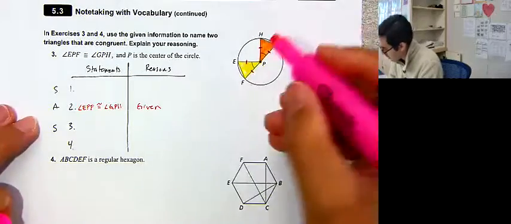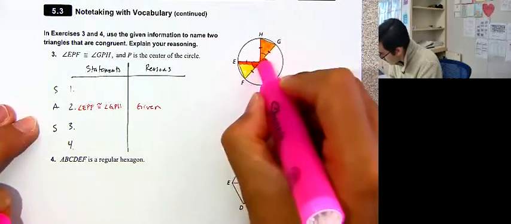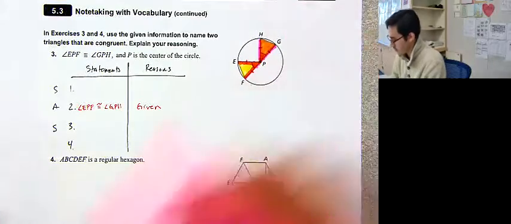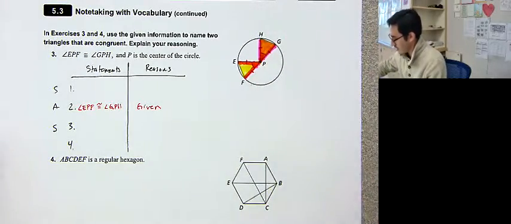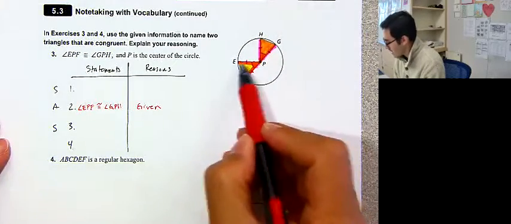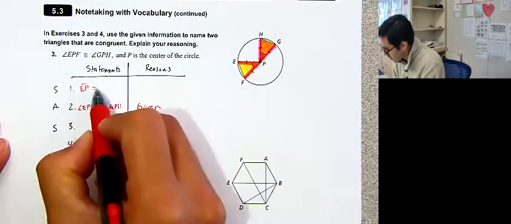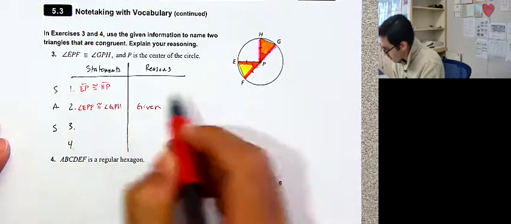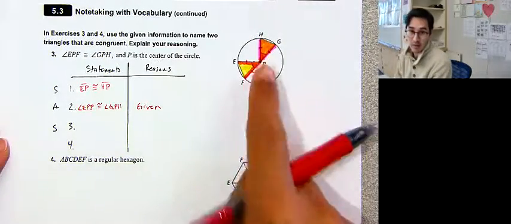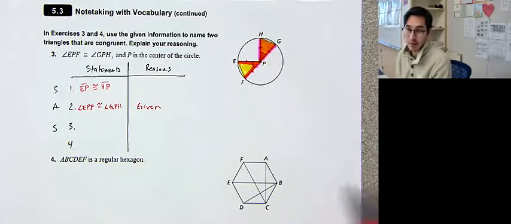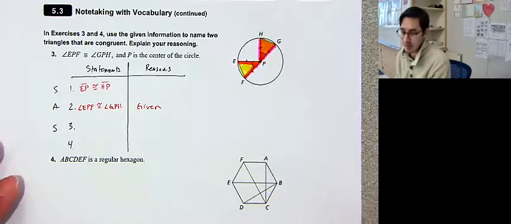And so this is going to be our side angle side pattern. Let's say EP is congruent to HP, and the reason is that they're both radii of the circle.